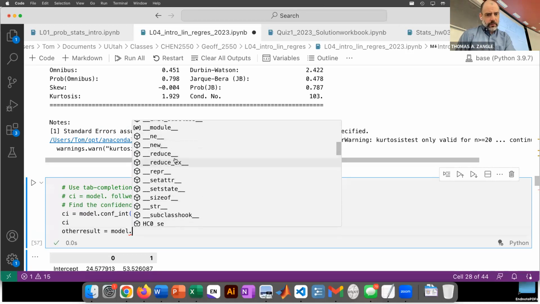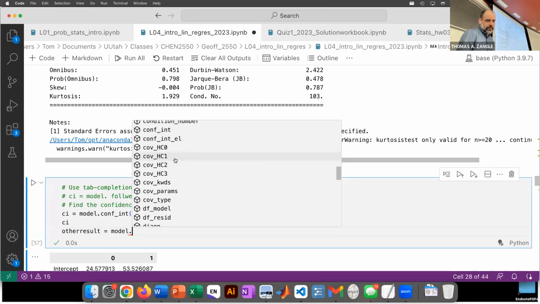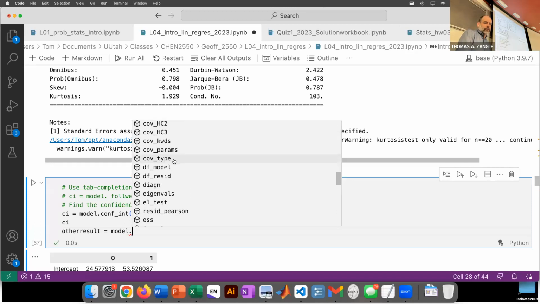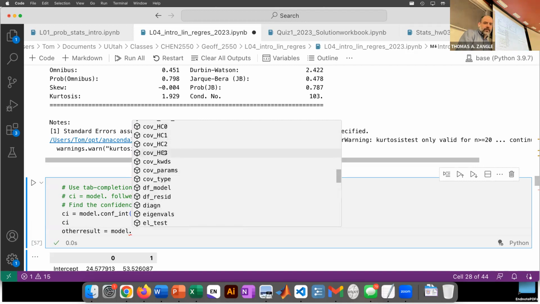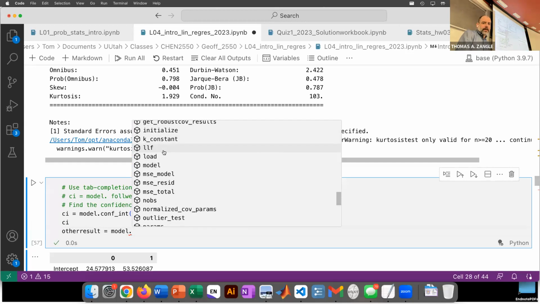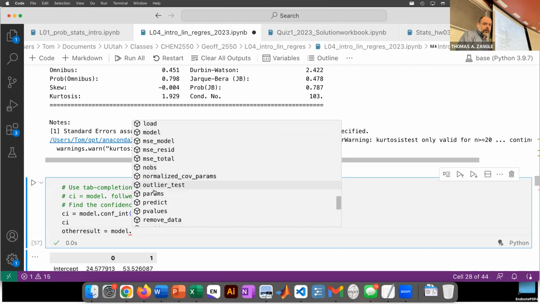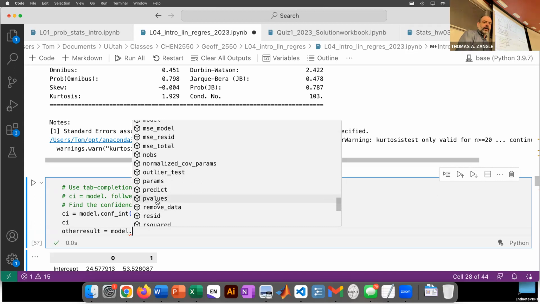Now we can see there are a number of other things that I can pull out: degrees of freedom of the model, eigenvalues, the covariances. I can pull out what the model was, what the parameters are, predictions, or there's a function defined here to actually make a prediction.